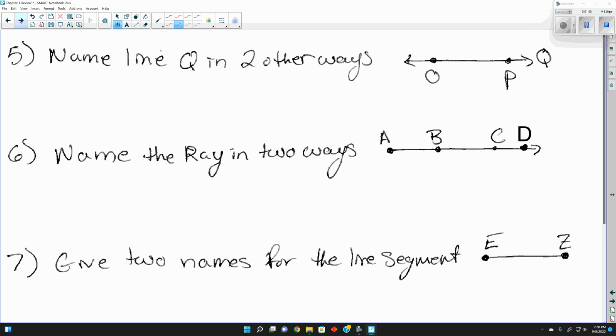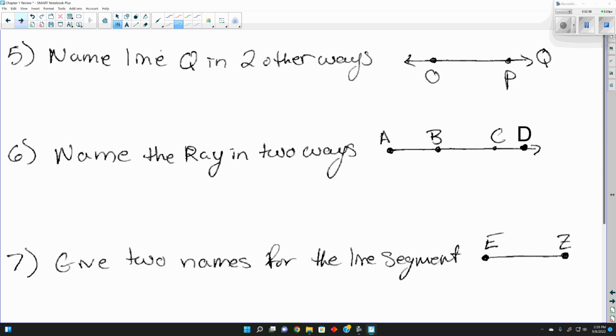Questions on 5, 6, or 7? Questions on problems 5, 6, or 7? We feel comfortable with naming lines, rays, and segments. And again, I will count off points if you don't include the symbol. So the line above lines, the ray above rays, and the line segment above the line segment. Okay?